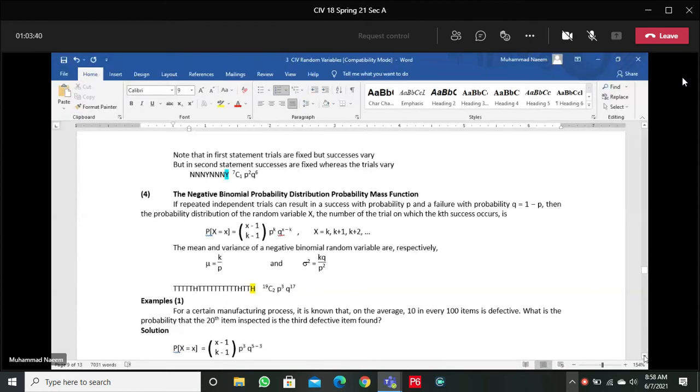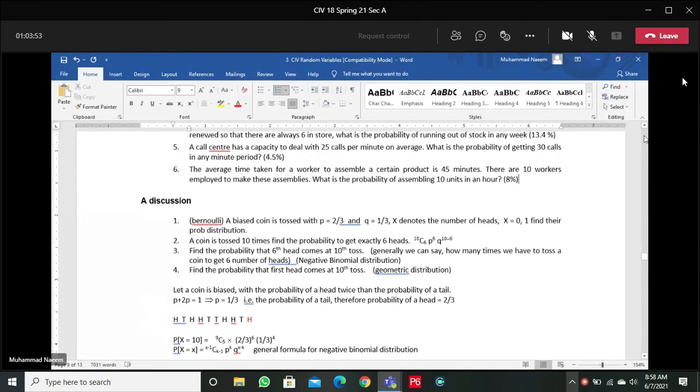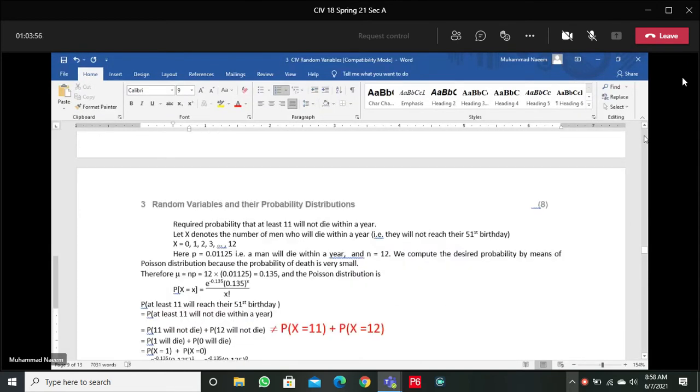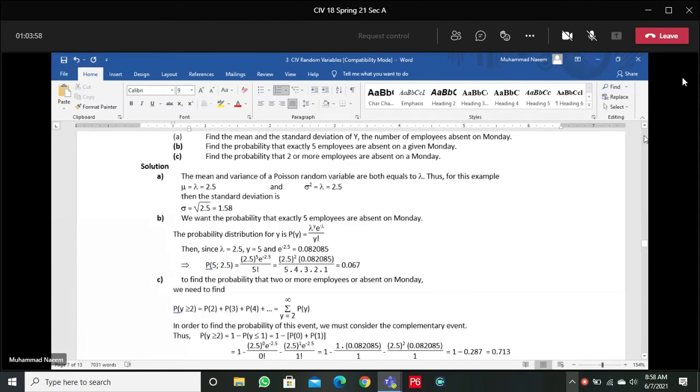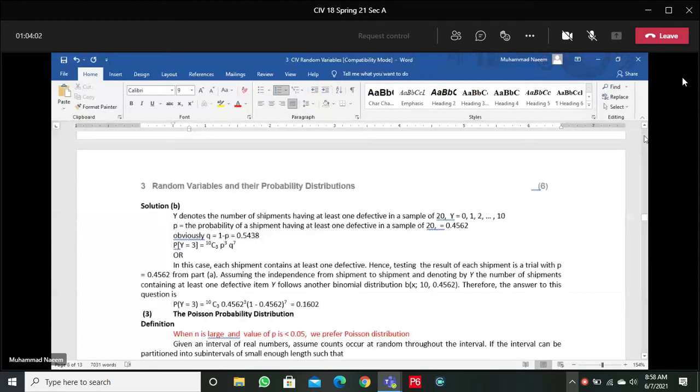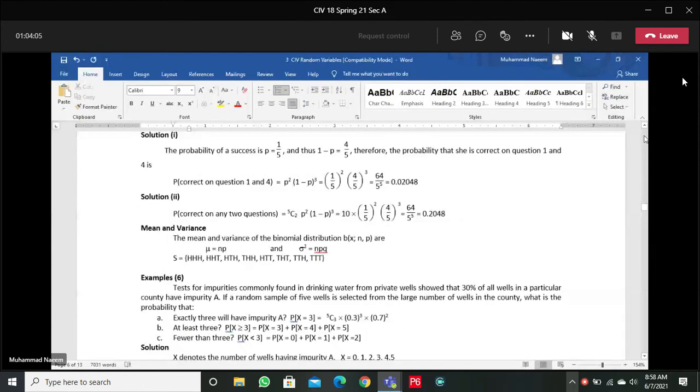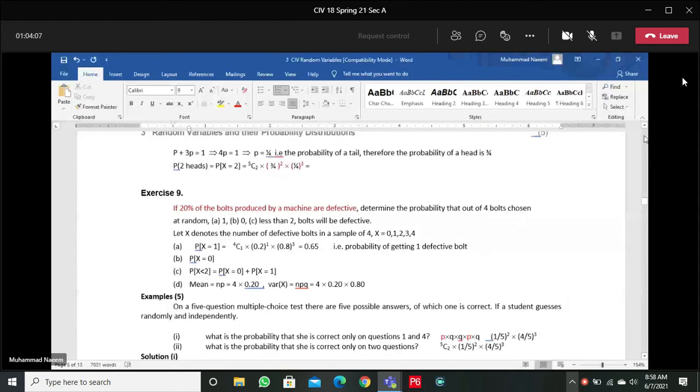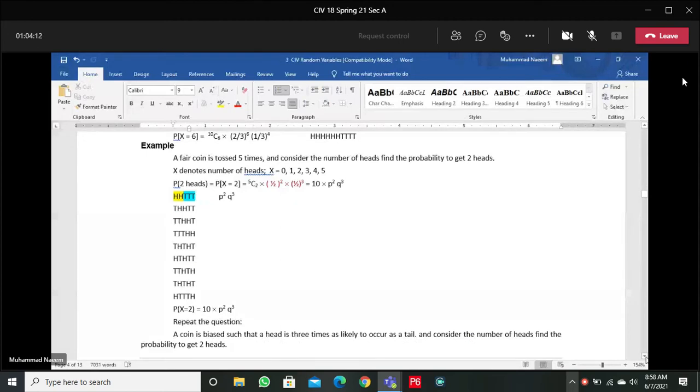If I convert the problems related to binomial distribution, how can I convert them to negative binomial? Look at the first example. A fair coin is tossed 5 times and we find the probability to get 2 heads.